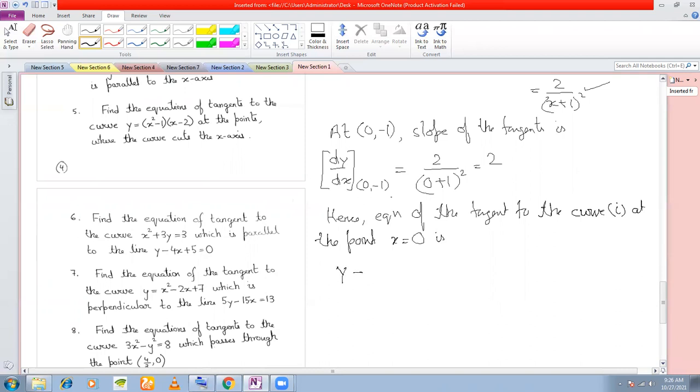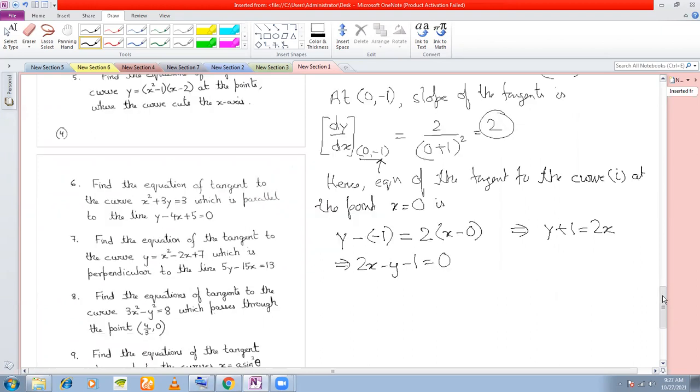See here, the point is (0, minus 1), so y1 here is minus 1. That is why we found the y coordinate. It is equal to m, here m is 2, into x minus x1. So you get y plus 1 equals 2x, so you get 2x minus y minus 1 equals 0. That is the equation of the tangent.